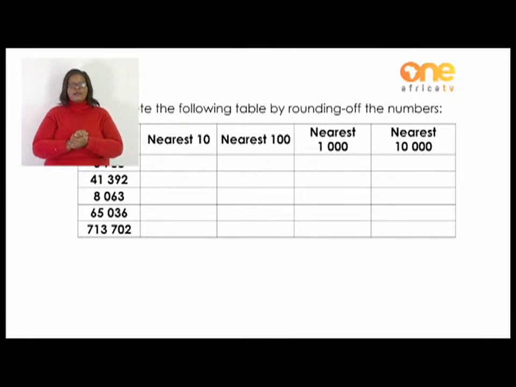You must round that number to the nearest 10. Remember that 10 is also D. You have to round off the same number to the nearest 100. 100 is written in numeric, so you need to also understand that 100 is also H, capital H. The nearest 1,000 and the nearest 10,000 is the same.